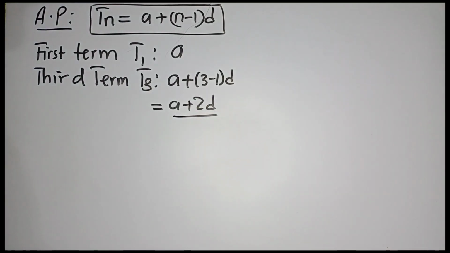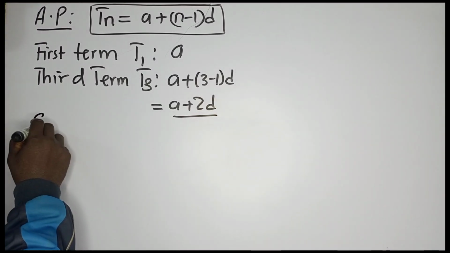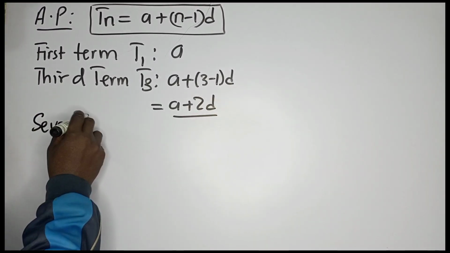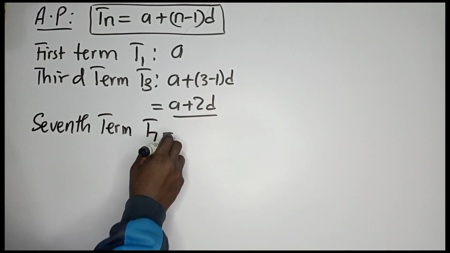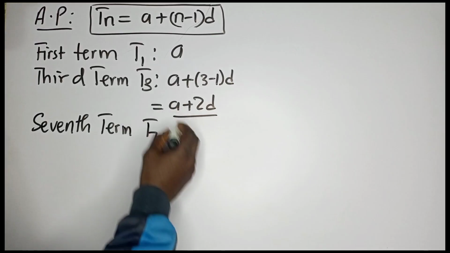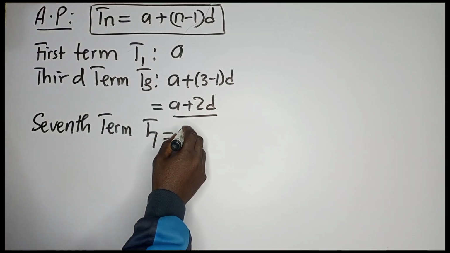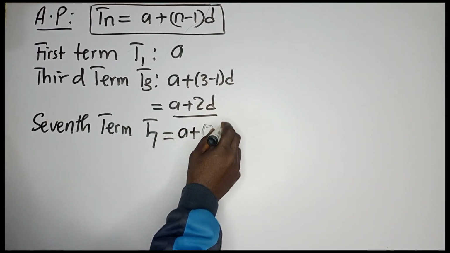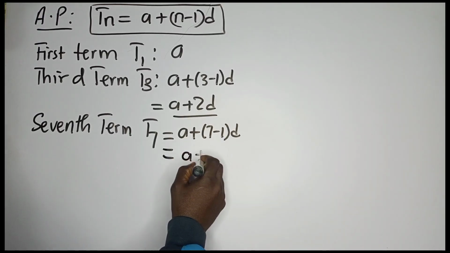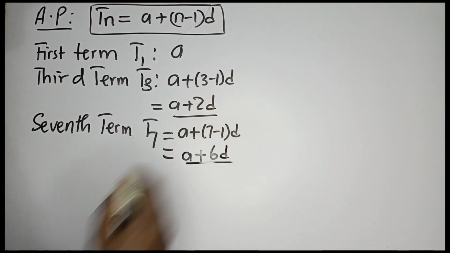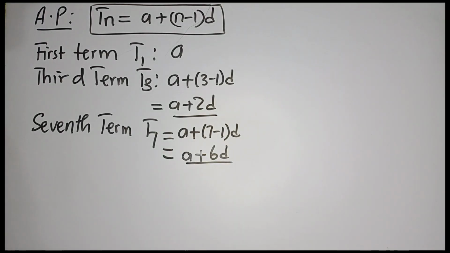This is our third term. And the seventh term, T7, means n is 7 in that formula. Again, our first term is A plus (7 minus 1) multiplied by our common difference D. That gives us A plus 6D. That's the expression for the seventh term.